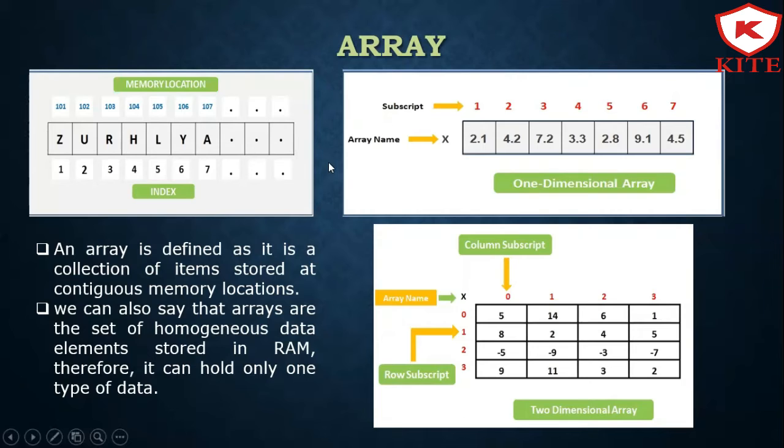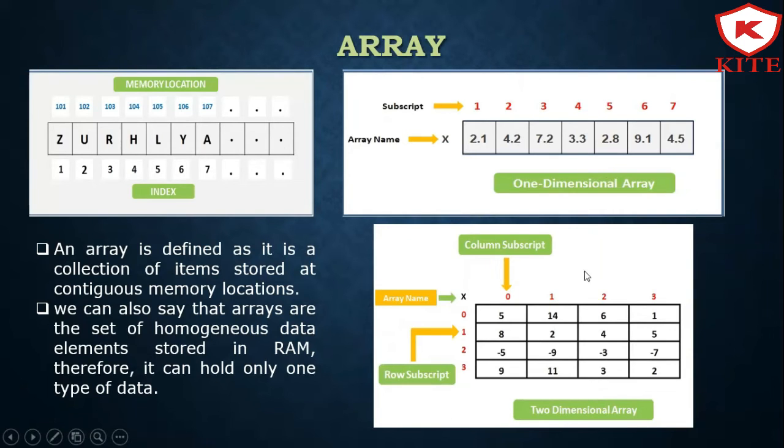Now here in this figure, we have the subscript and the array name. The array name is X and the values stored in the array are 2.1, 4.1, 4.2, 7.2, 3.3, 2.8, 9.1 and so on, and an index from 1 to 7 is given to the whole array.